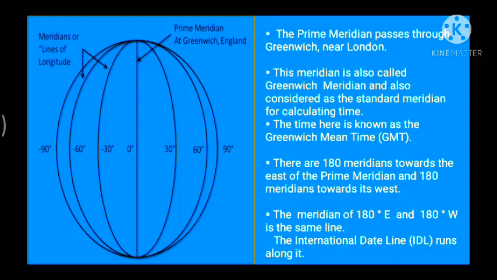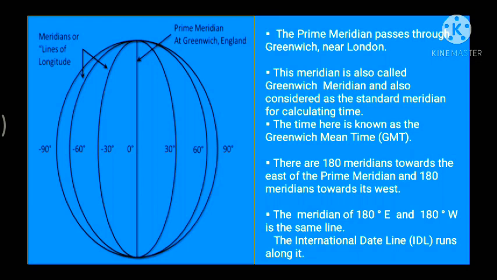And this way there are 180 meridians towards the east of the Prime Meridian and 180 meridians towards its west. The meridian of 180 degree east and 180 degree west is the same line, and the international date line, that is IDL, runs along it.